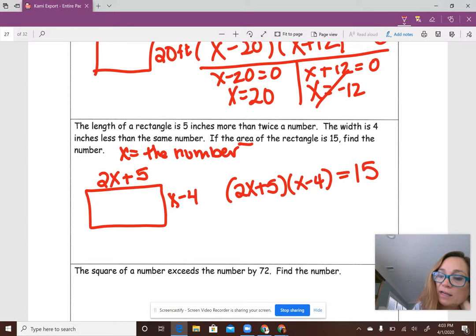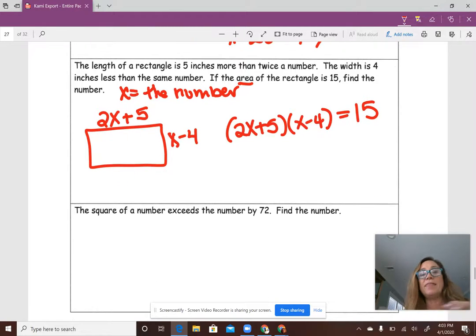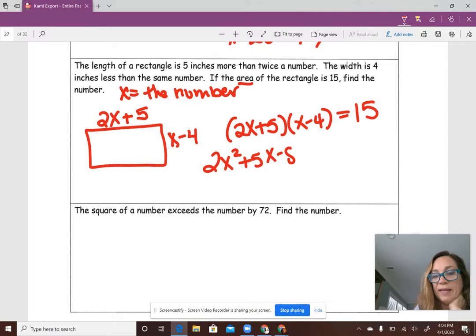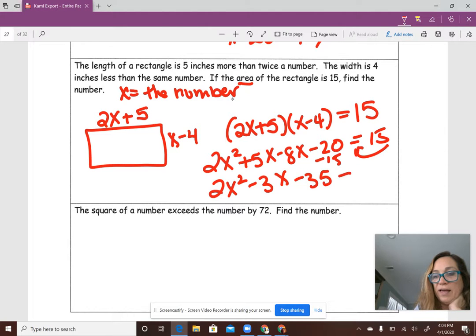Okay. So this is the distributive property, box method, anything you want. 2x squared plus 5x minus 8x minus 20 equals 15. 2x squared minus 3x, and I'm going to move this 15 over, so minus 35 equals 0.